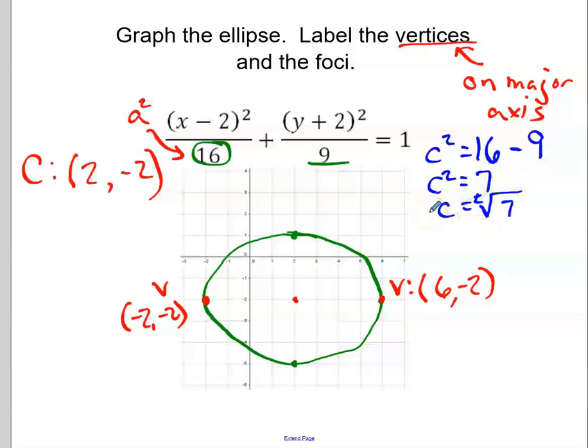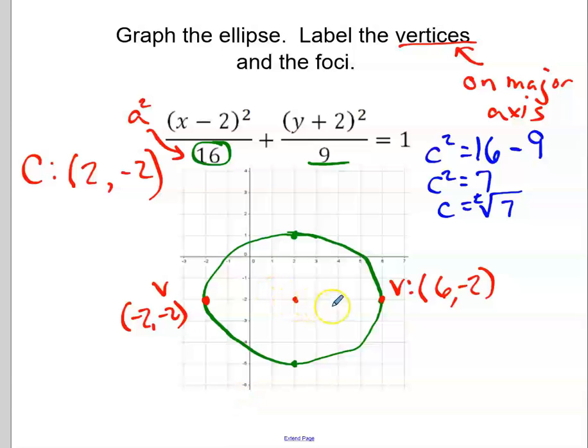So now to graph your focal points, what you do is you go from your center and you count square root of 7 on the major axis. Since the major axis is horizontal, I'm going to go from the center to the left and to the right, square root of 7. And square root of 7 is about 2.5.